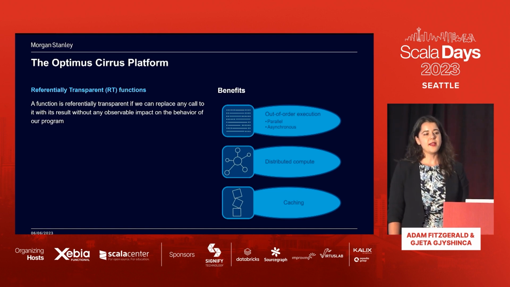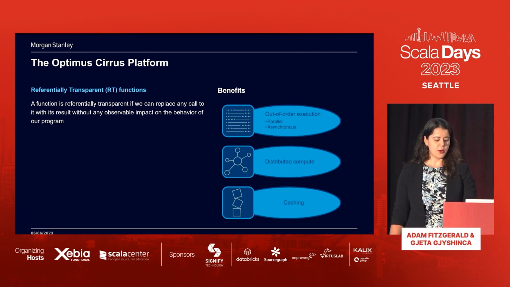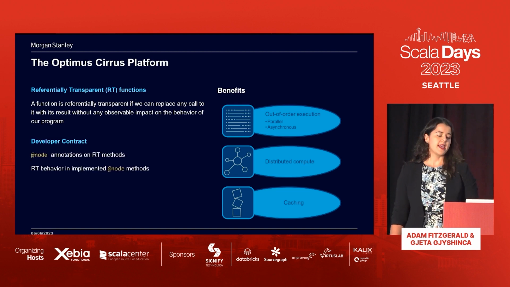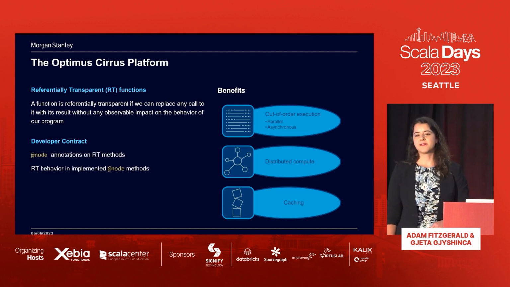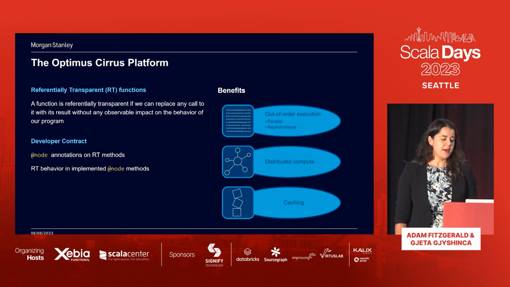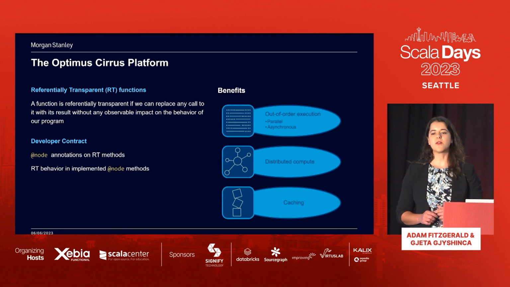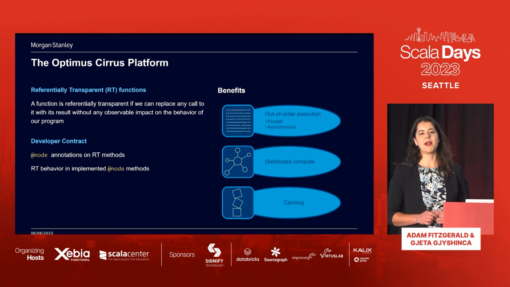So that's the theory, but what does it mean in practice for a developer working on the Optimus platform? Well, all we ask of her is 5 extra characters, @node, and a guarantee of referential transparency. If a developer on our platform annotates her function as @node, she is guaranteeing to the compiler and to the runtime that this is a referentially transparent function.